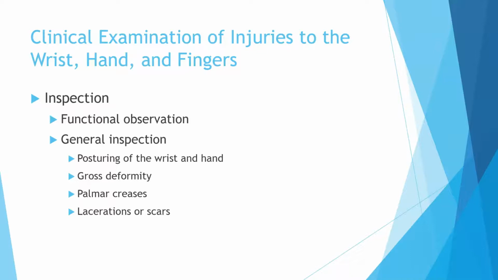Is that something that they were able to do before this injury even occurred? Have they had to alter how they are holding their racket just because of pain and pain tolerance? Also, general inspection. We're looking for any obvious deformities, malalignments, malocclusions. Look specifically with the wrist and hand, both in the patient's normal sports setting and then also just looking at the different range of motion. I know in the video it went over flexion and extension for the wrist with radial and ulnar deviation.